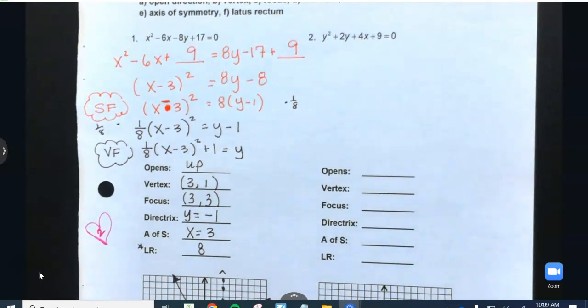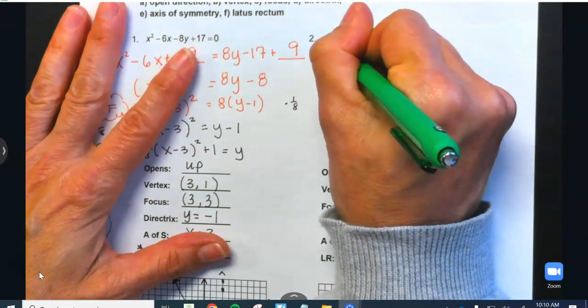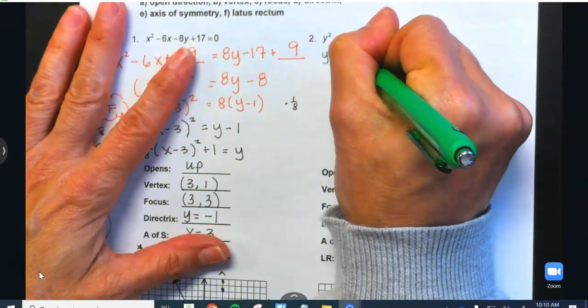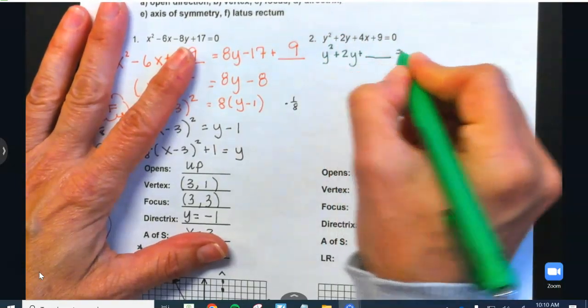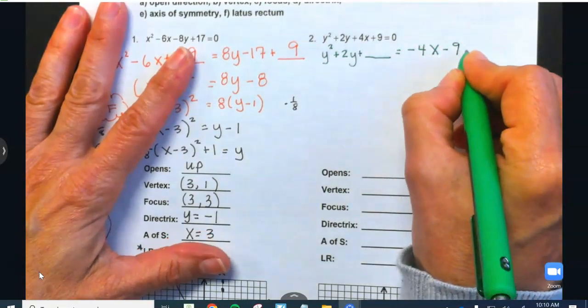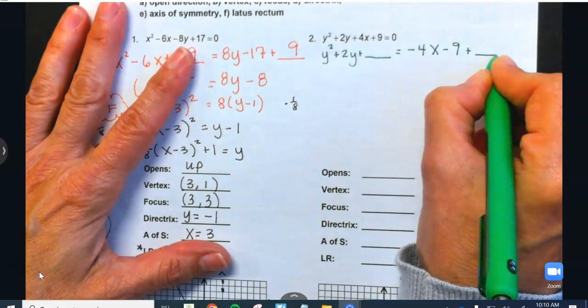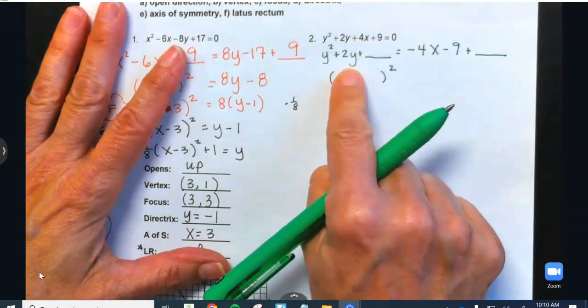All right, so for problem number 2, y is squared. So let's move everything over that does not have the letter y with it. Draw your blanks on both sides of the equal sign. Let's go ahead and factor what this is going to be.